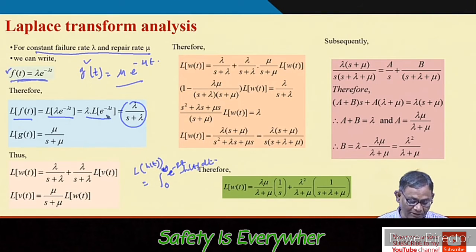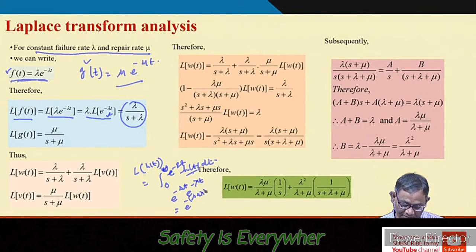So, e to the power minus st, and ht is e to the power minus lambda t. So, these two combined give e to the power minus (s plus lambda) t. So, obviously the Laplace of this will be this.